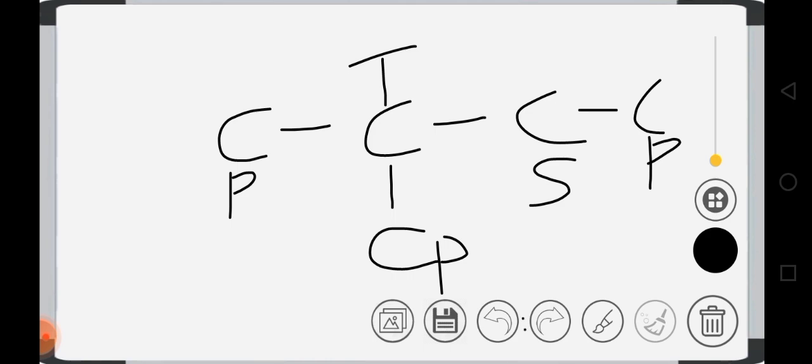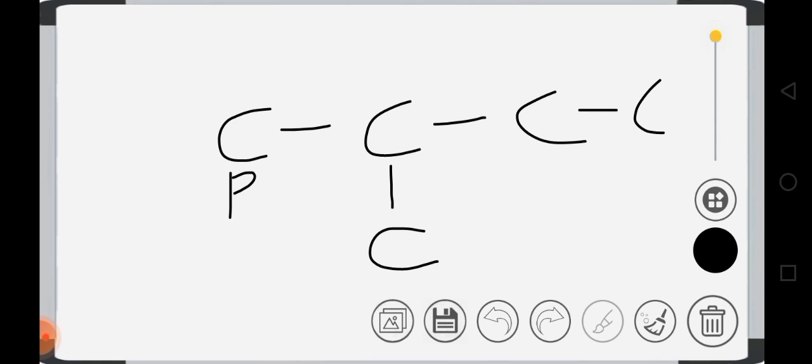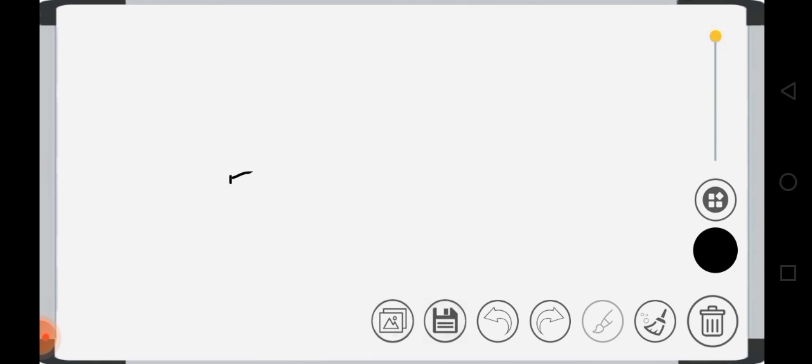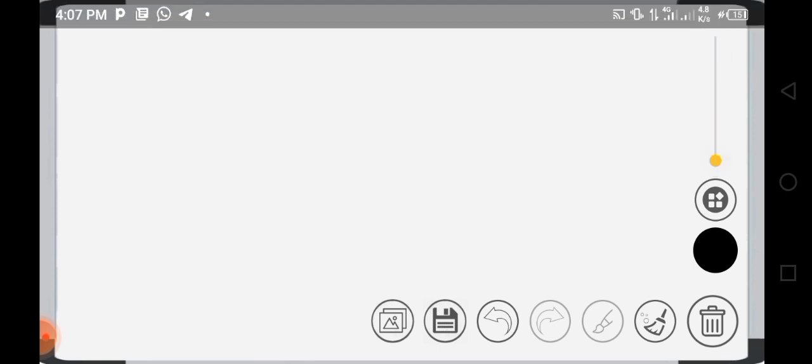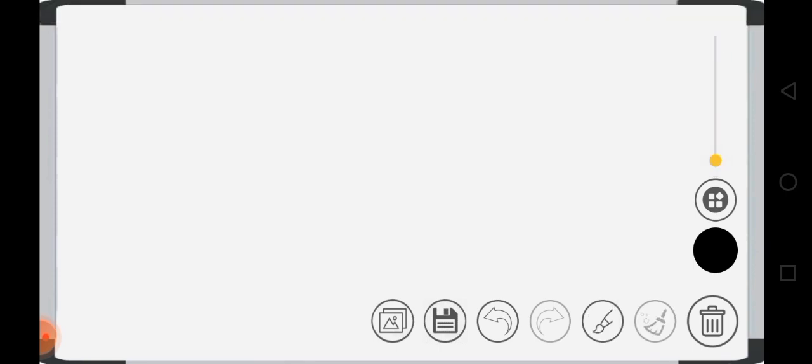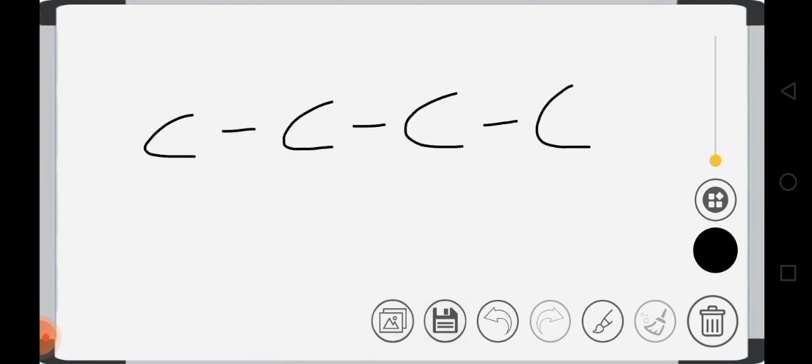These things are very useful when it comes to naming organic compounds. So let's say we now have something like this. C, C, C, C, and this.